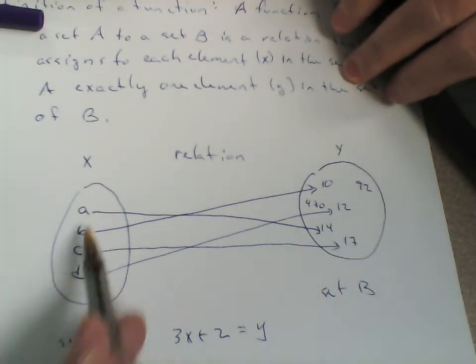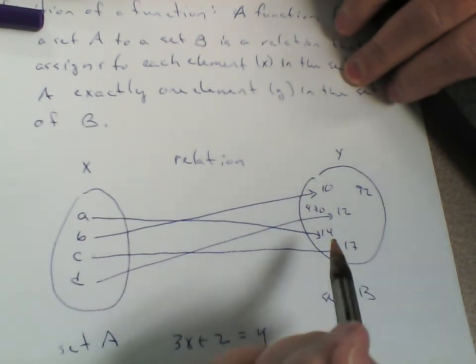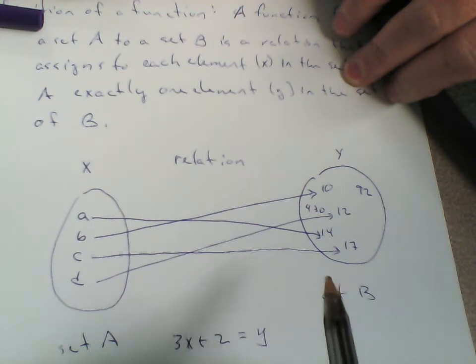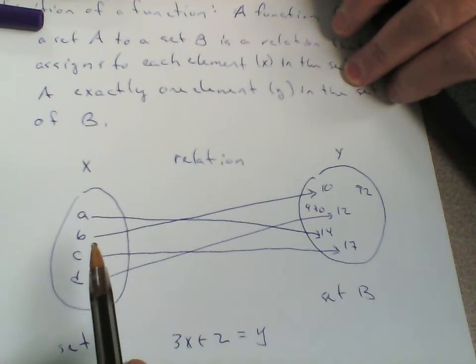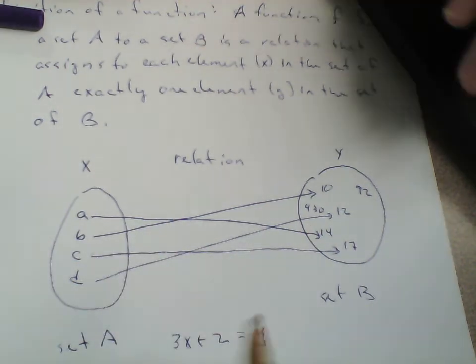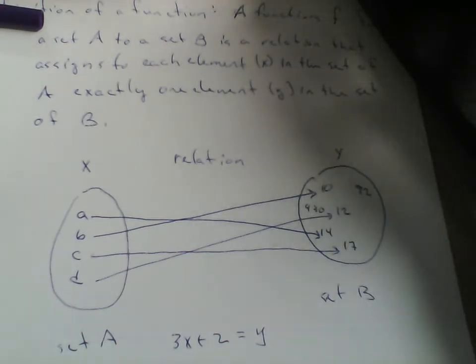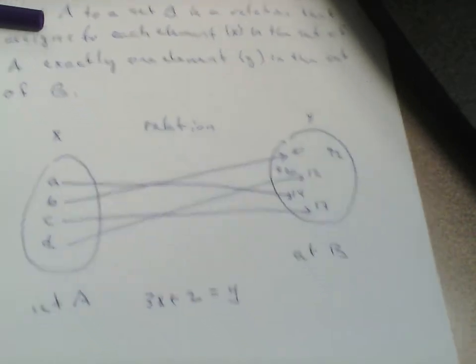The only thing is everything from X has to have a match over in B. Everything in B does not have to have a match in A. This set A can only have one match. A cannot map to two different elements here. So if B was 10 and 12 as a solution, or 10 and negative 10, if that was in there, this wouldn't be a function, right? And so that's the first definition of a function, is you have to have these maps, right?